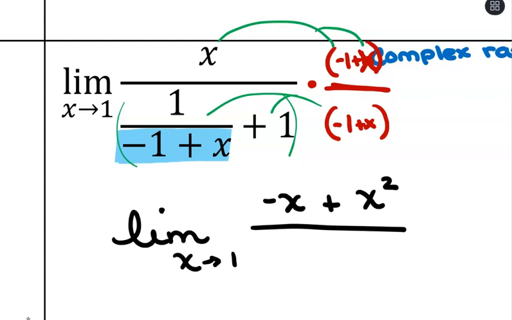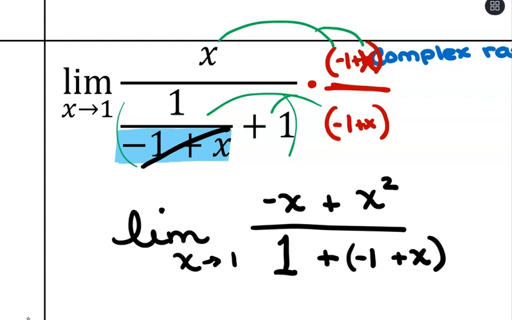Down here, why we chose that value is because then we'll get a cancellation. So that negative 1 plus x cancels out with a negative 1 plus x. So all we have is a 1 left over there. And then we'll go plus 1 times that negative 1 plus x. So we'll have a negative 1 plus x. So we have our two terms there. The first term turned into 1 because it was all cancellation.